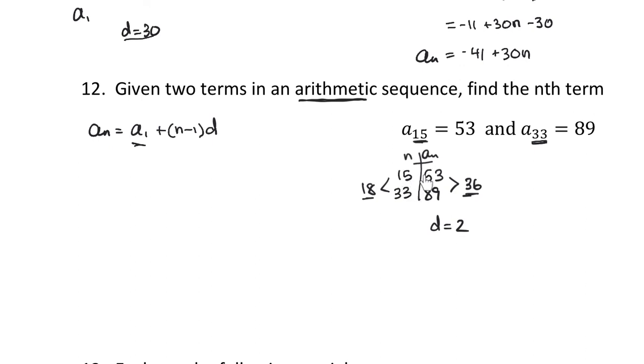We know that when n is 15, a sub n is 53, or when n is 33, we know a sub n is 89. You can use either one of these 2 points here. So I'm going to use this top one, 15 and 53. 15 is which spot it occupies in the sequence, so that goes in place of n, and then 53 goes in place of a sub n, leaving a sub 1, or the first term, as the only unknown.